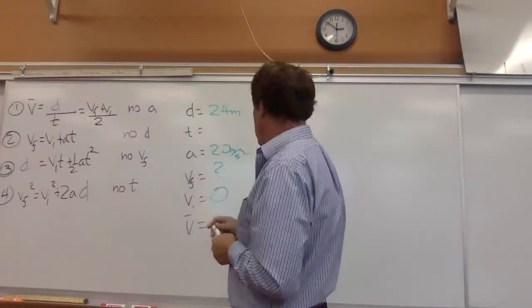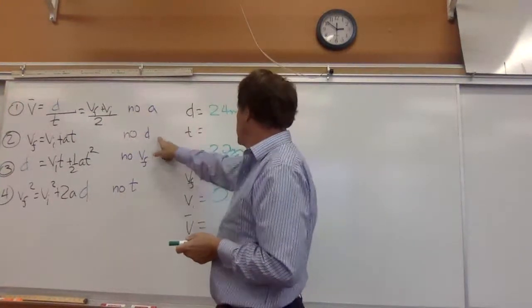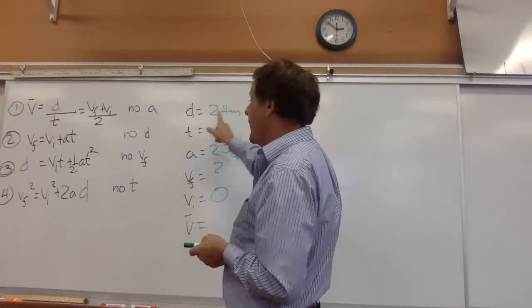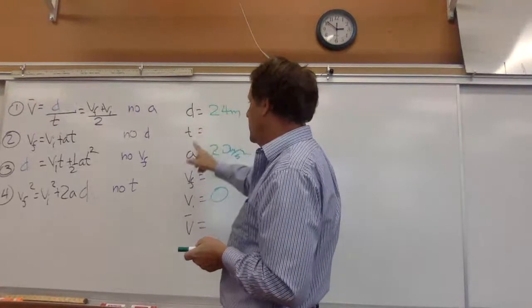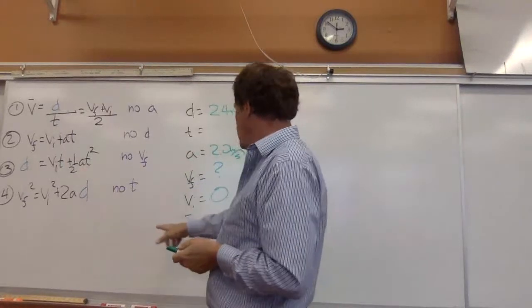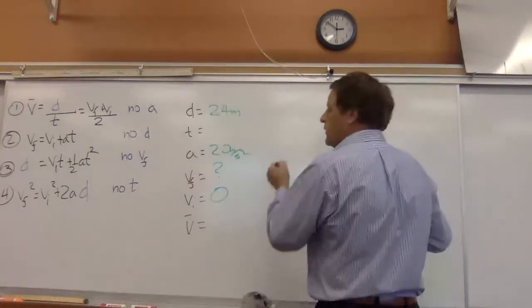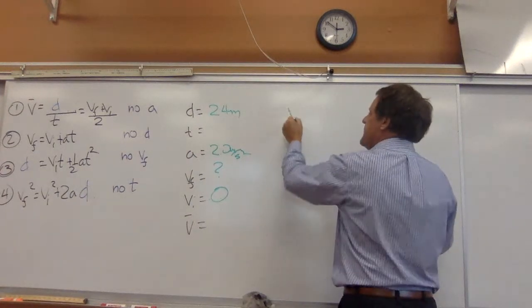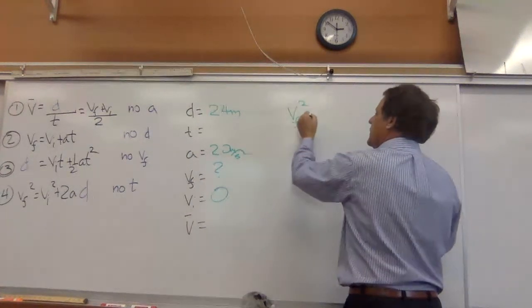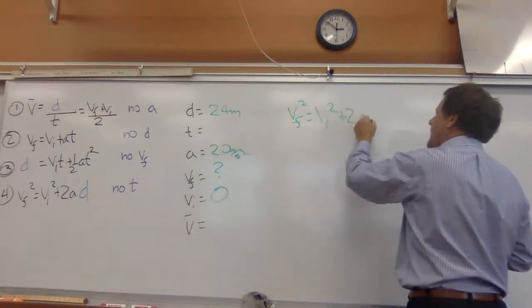So we are looking for this equation right here, because we have distance and we're looking for final velocity: v final squared is equal to v initial squared plus 2ad.